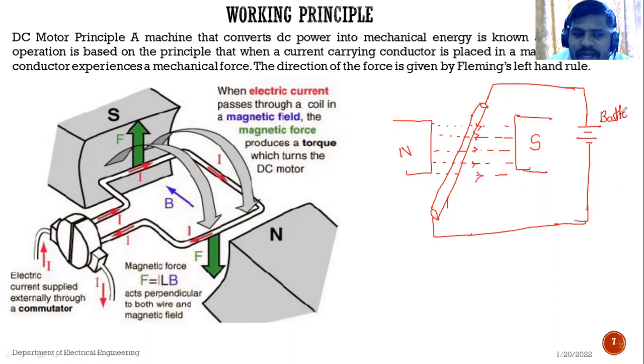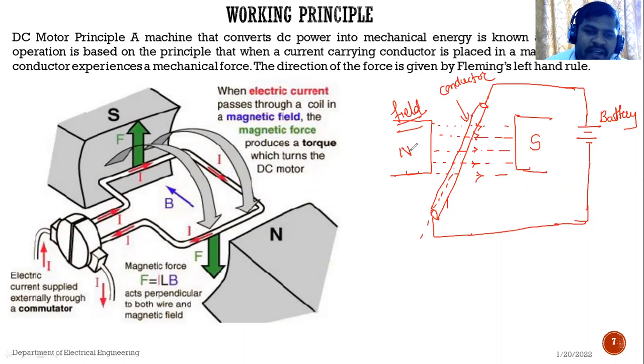Suppose here it is a battery. This one is the conductor axis, and these are the field winding or it may be field magnet, either a permanent magnet or an electromagnet.